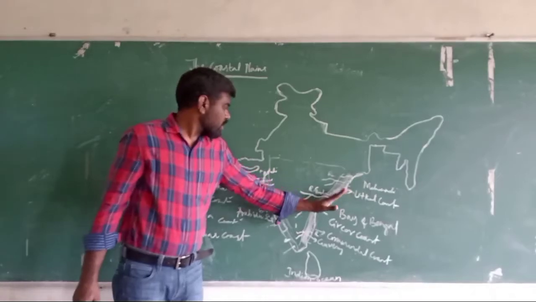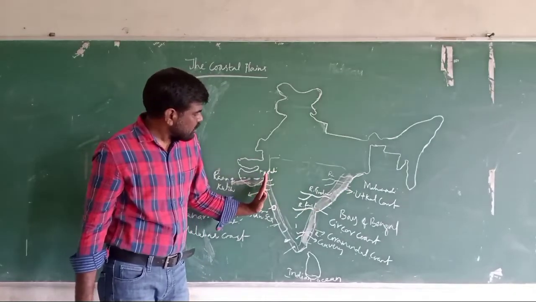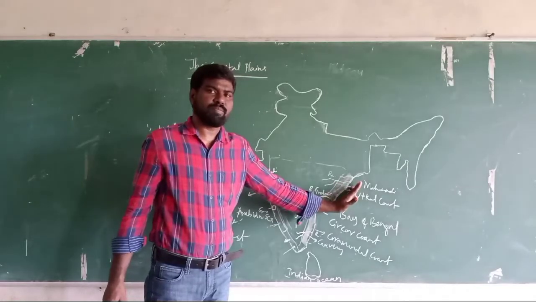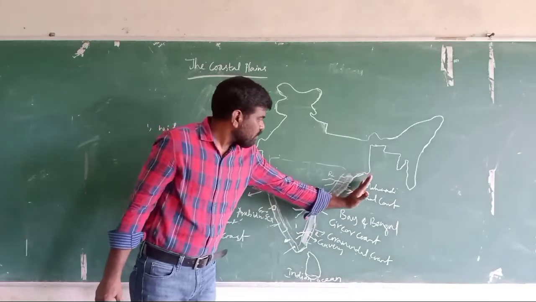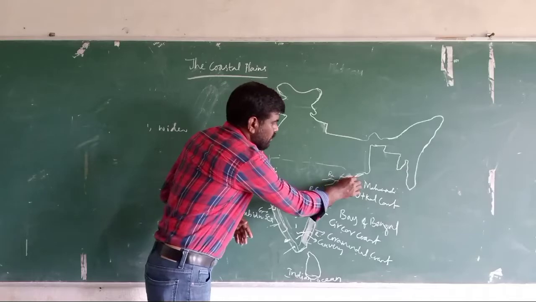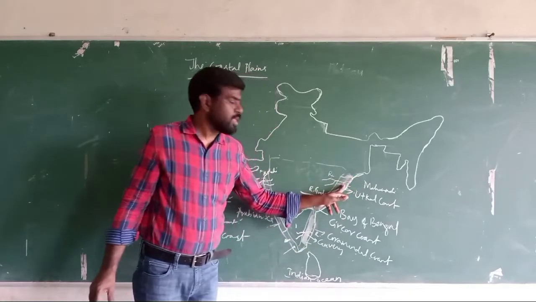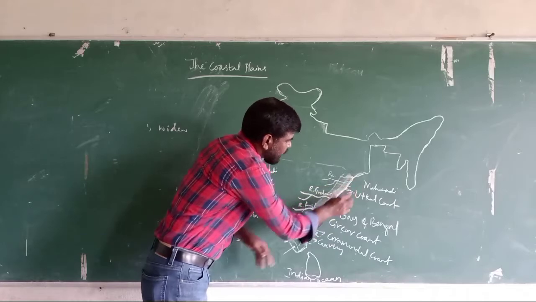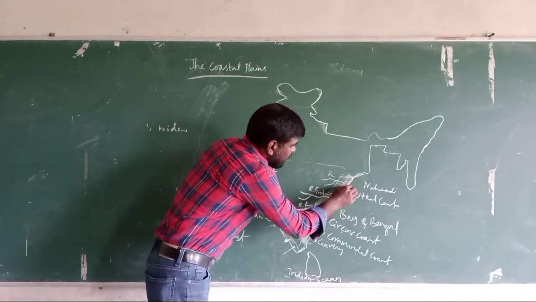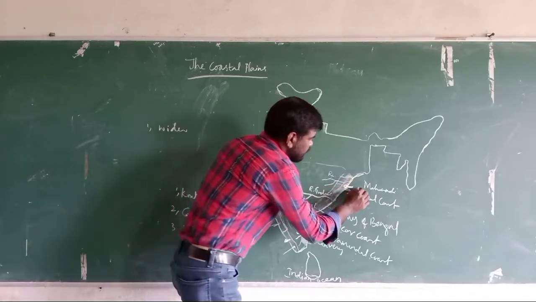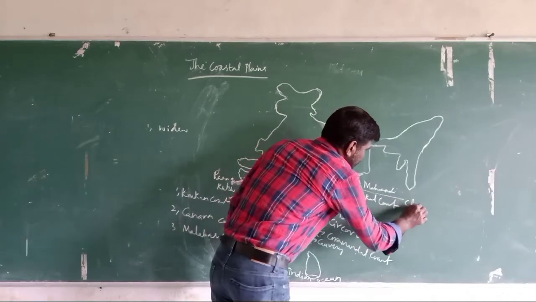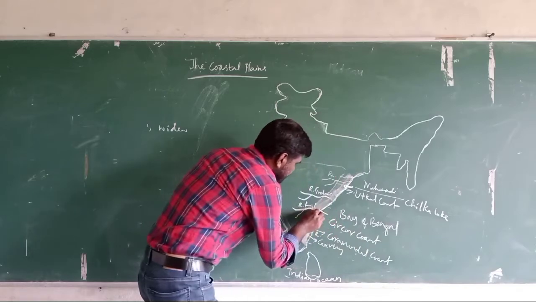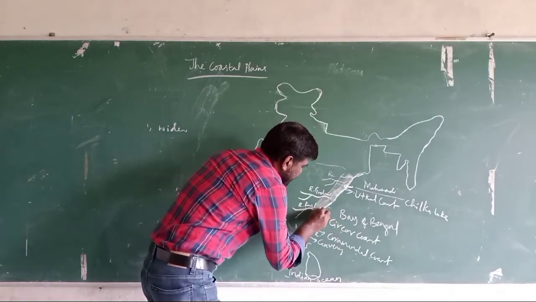Compared to the western coastal plains, eastern coastal plains are more fertile, as they are formed by deltas, and some lakes are also found in these coastal plains. That is Chilka Lake in Orissa, and Kolleru Lake.